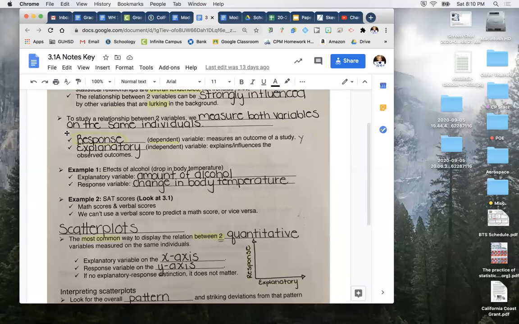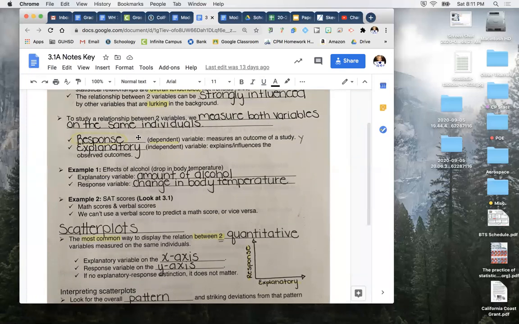So this is very, very important. We're going to have what's called an independent variable and a dependent variable. One of the most important things is to actually recognize the difference between these 2 things. Which one is the explanatory? That will always go on your x-axis.